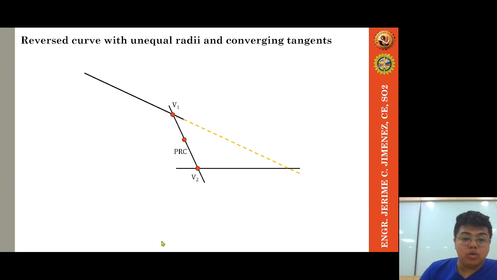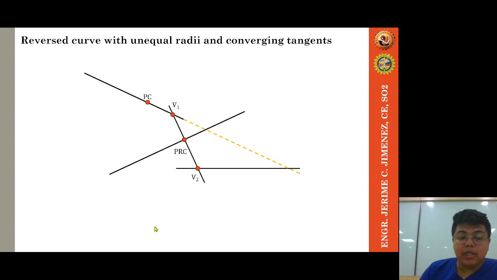And then we draw the common radius perpendicular to the common tangent, and this must also lie at the PRC. And then we get the distance between V sub 1 and PRC and transfer it to the back tangent. And that point is what we call the PC.